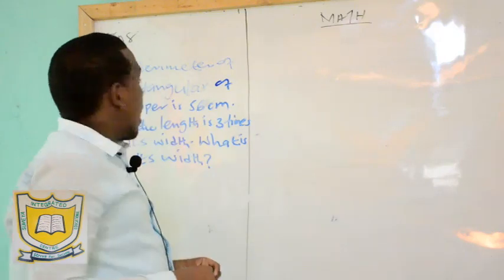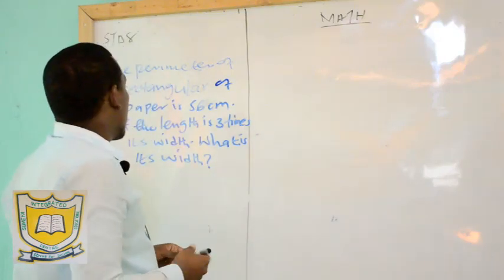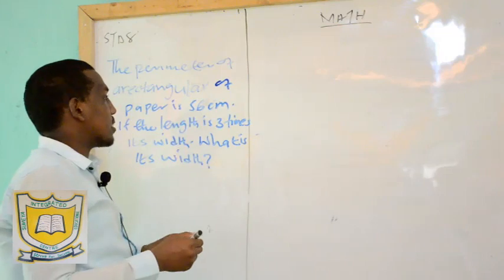Now, you are told the perimeter of a rectangular paper is 56 centimeter.